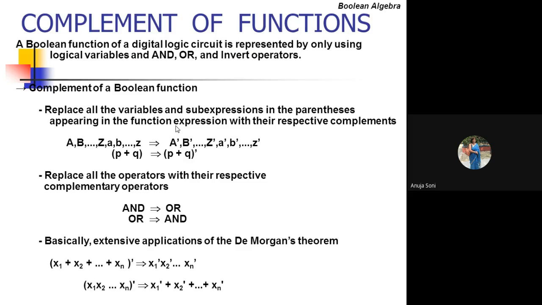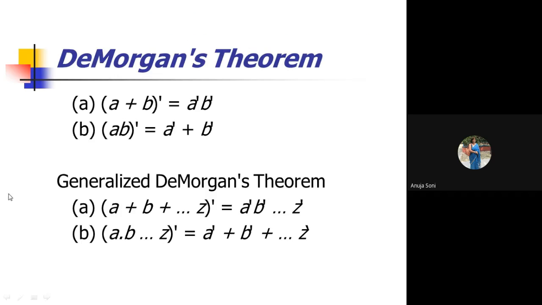Complement of functions. What do we mean by the complement of a function? When we say x complement, it means 0 is replaced by 1 and 1 is replaced by 0. That is called the ones complement, or complement of x. Similarly, the complement of your entire expression can be taken, as earlier in the case of De Morgan's law.